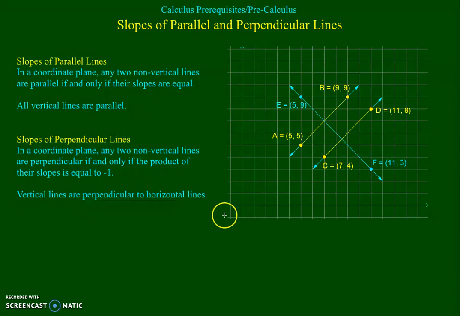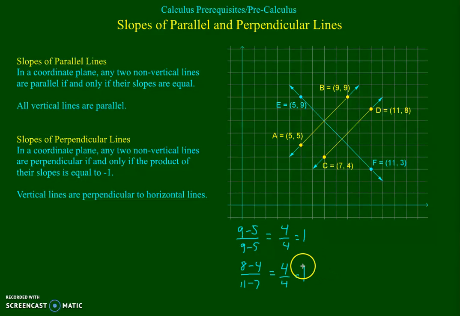So we have slope of AB is 9 minus 5 divided by 9 minus 5, which is 4 over 4, which is 1. Now let's take a look at the slope of CD. That's 8 minus 4 over 11 minus 7, which is 4 over 4, which is 1.